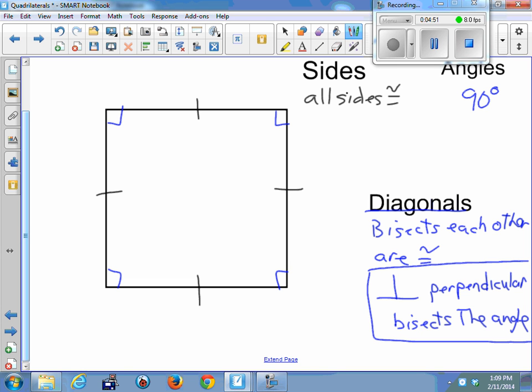So the diagonals bisect each other. They are congruent, which is the same as a rectangle. But the two new ones: now they intersect at a 90-degree angle, and now they bisect the angle. So here we're going to draw our diagonal. We know just by what we talked about that these are all the same. They bisect each other and are congruent, so they're all the same.